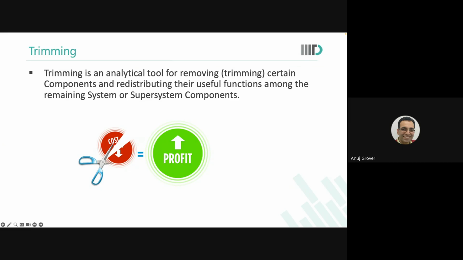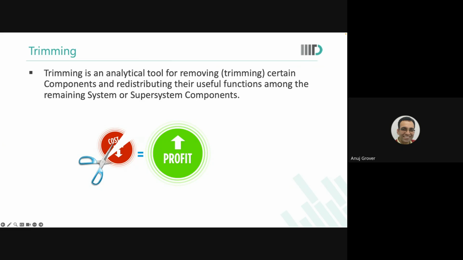So trimming, and I'm reading this out over here: trimming is an analytical tool for removing certain components and redistributing their useful functions amongst the remaining system or supersystem components.